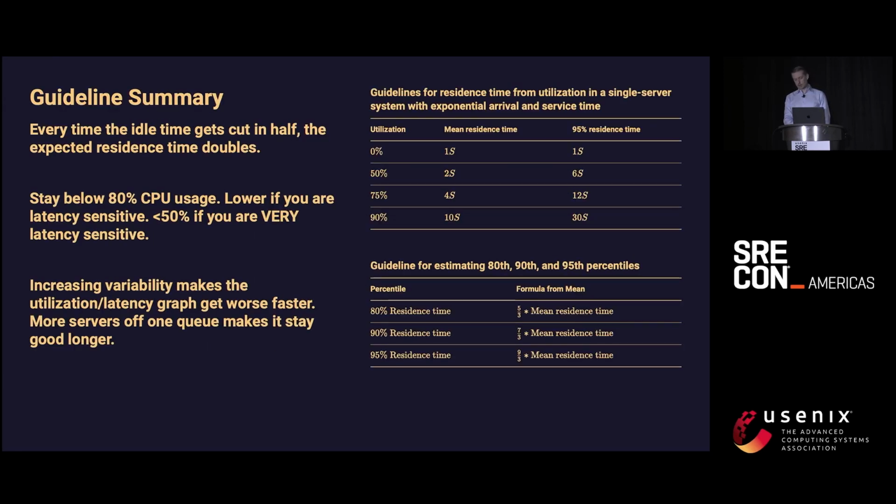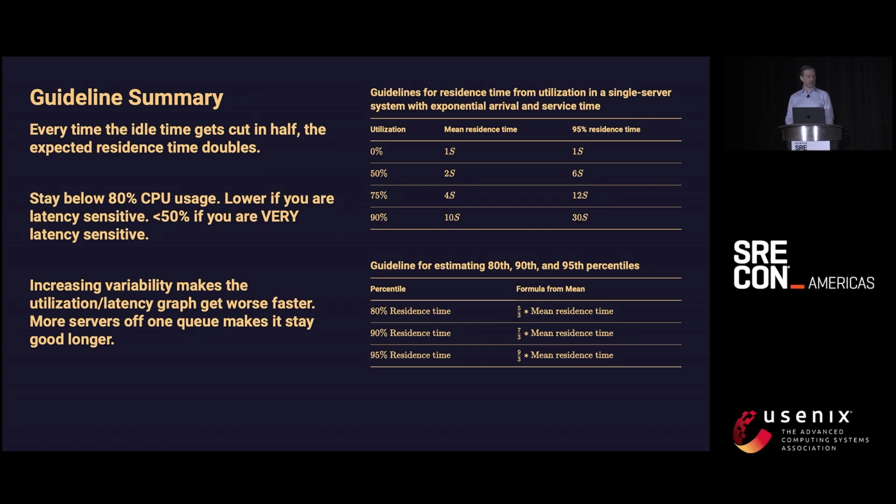So just some of my little guidelines on one slide. Really, every time your idle time gets cut in half, expect your residence time to double. So effectively, your latency is going to double every time your idle time gets cut in half. I like staying below 80% CPU usage, or 80% utilization of just about anything.